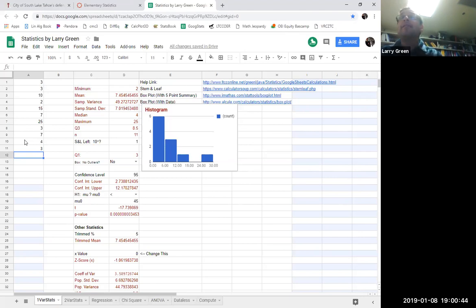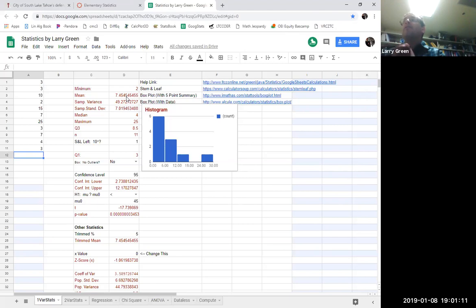If we think of it as a sample, then all these numbers like the minimum, mean, and sample variance are called statistics. Must be an important word because that's the name of the class. So the minimum is a statistic. The mean is a statistic, 7.45, etc.